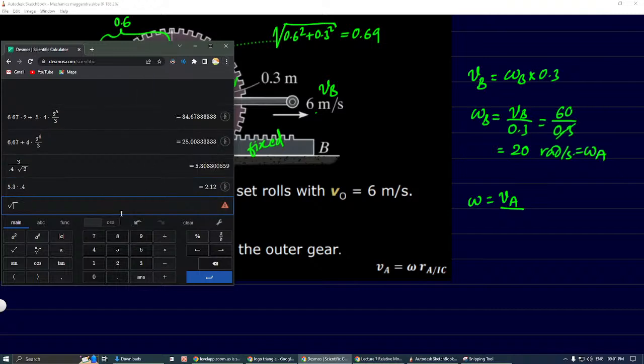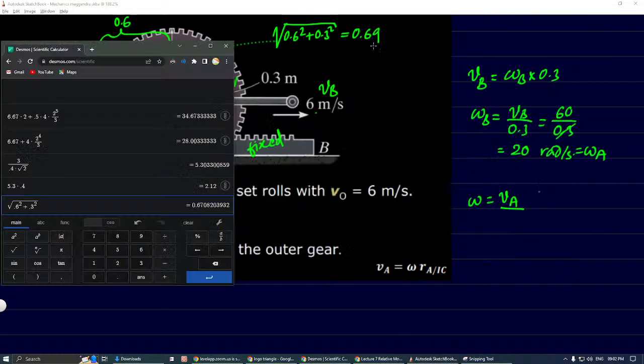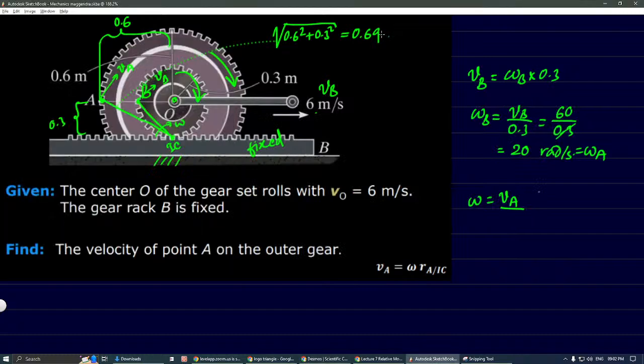Let's try it again. 0.6 square plus 0.3 square, 0.67, right? So this is 0.67. That same value we need to use here, 0.67.